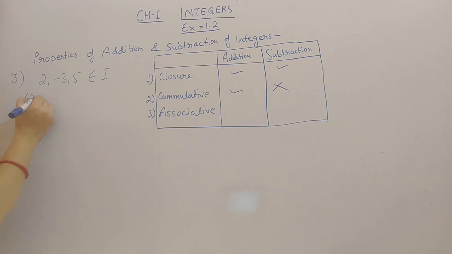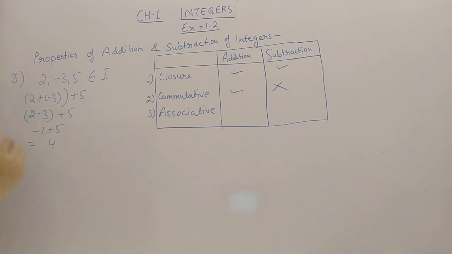According to the first, 2 plus -3 plus 5. It means first I am adding the first two and then I am adding the result with the third one. So 2 minus 3 plus 5 will become -1 plus 5, then the answer is +4.